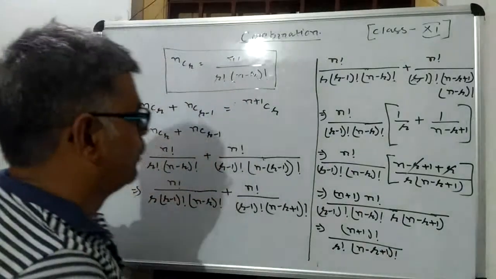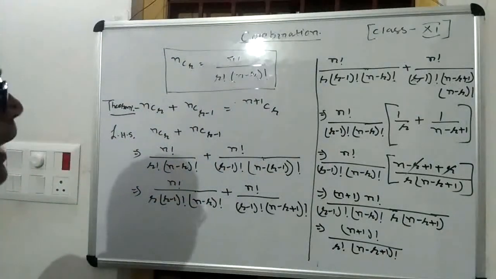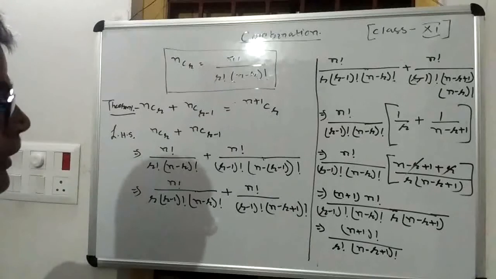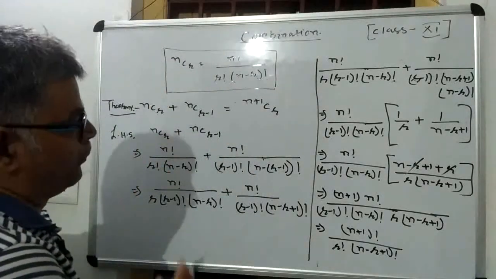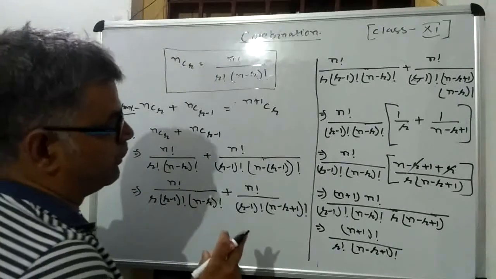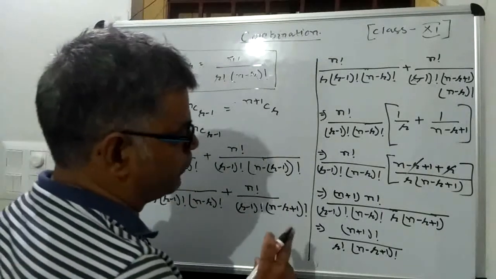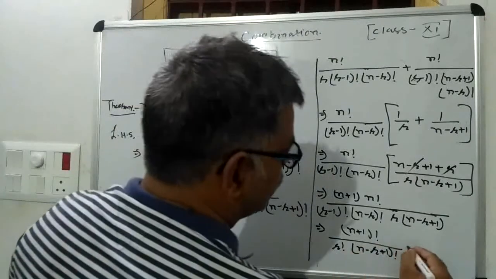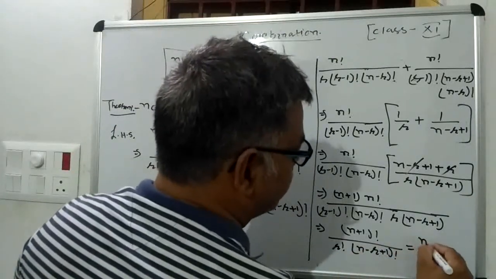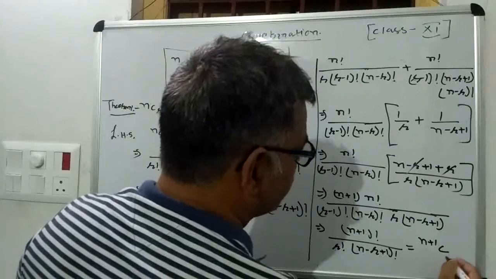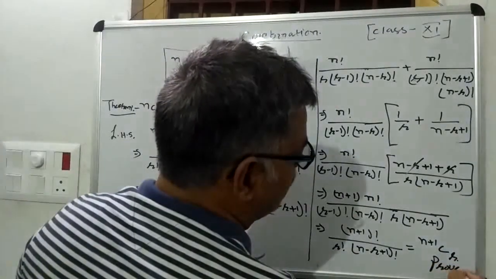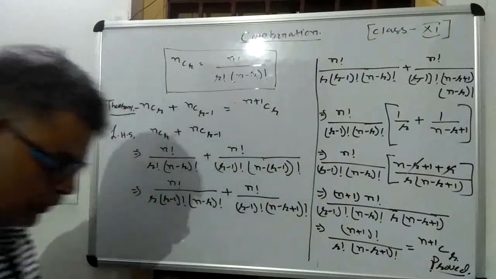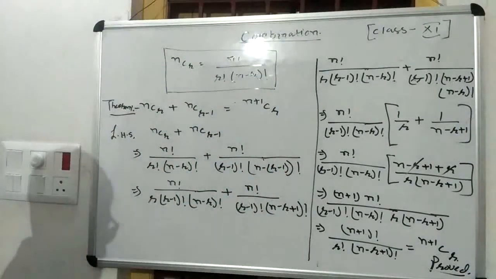So we can write it in this form also, n plus 1 factorial by factorial r, n plus 1 minus r factorial. So we can write it as n plus 1 C r. Hence proved. This is your RHS part. So in this way, children, your result has been proved.